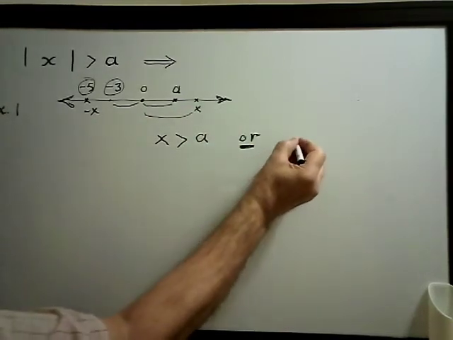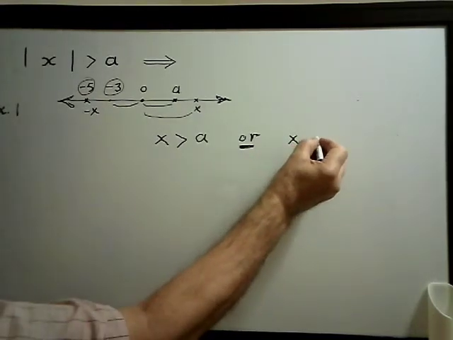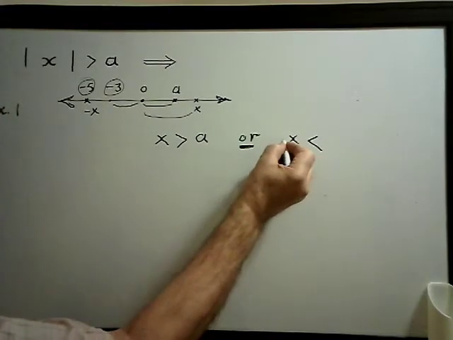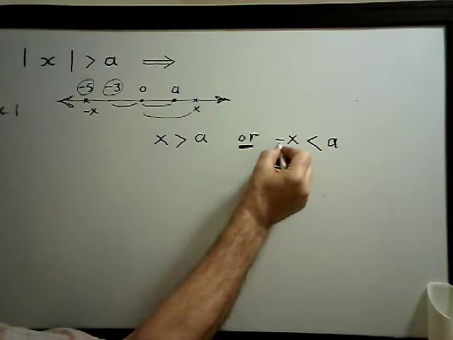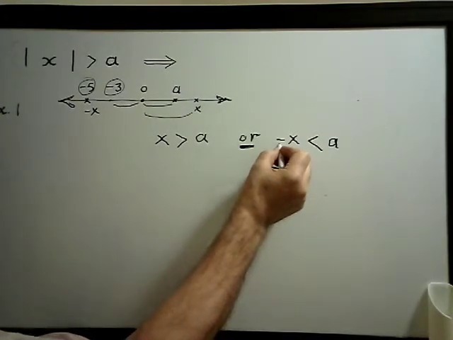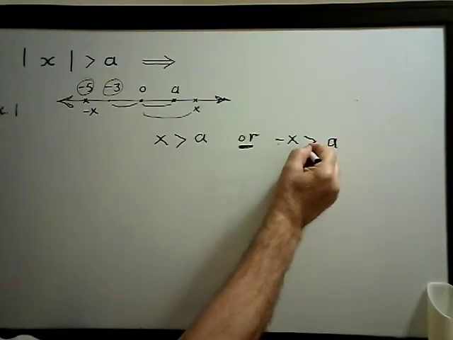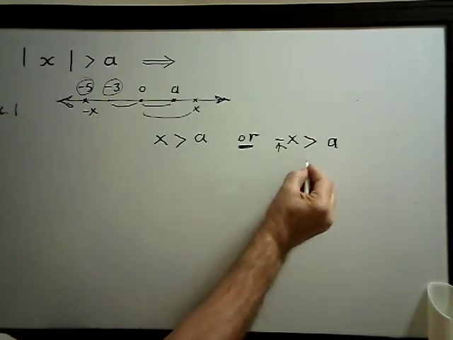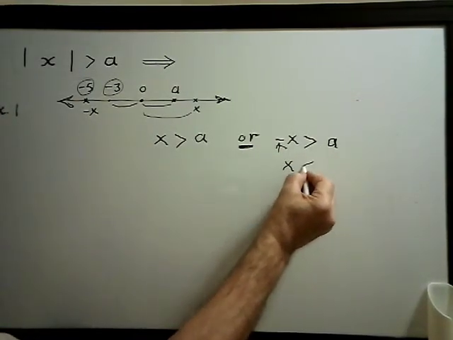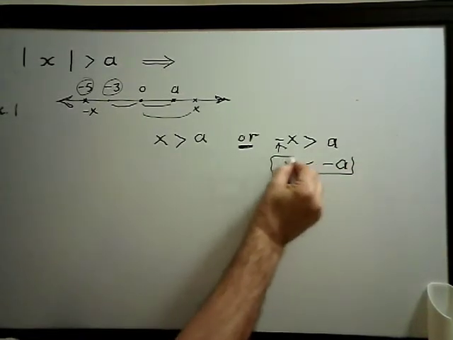So if we write negative x is greater than a, which means, when we divide by negative here, we will get x is less than negative a.